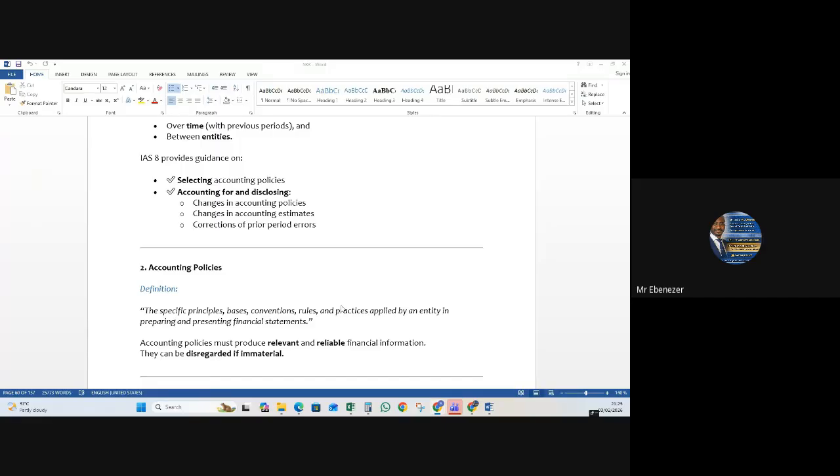They are different principles and policies, rules and guidelines that we have, and they are there to produce relevant and reliable information. That's the essence of the policy in the first place. So we have a policy so that we can rely on the information provided.